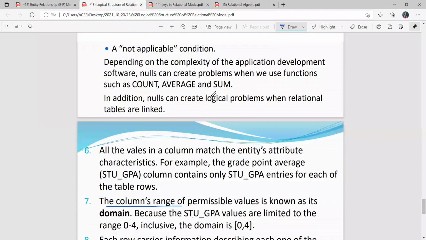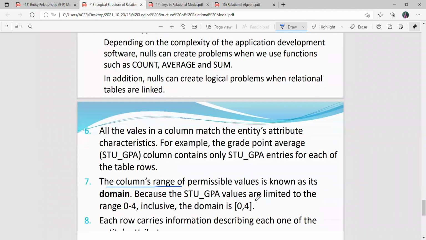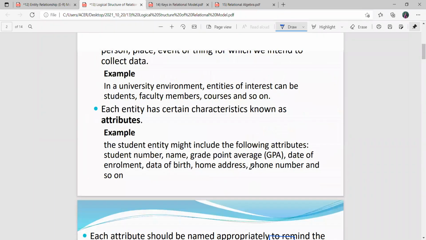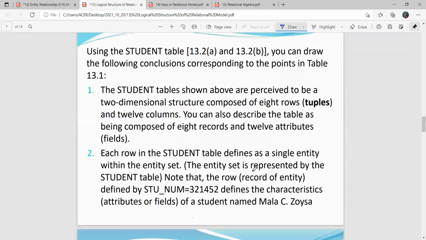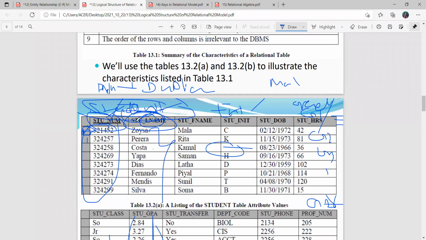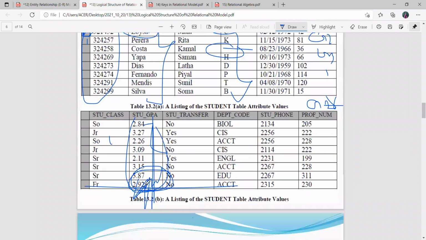Then the range of permissible values for a column is known as the domain. When we consider this column, the student last name, this is the domain of this attribute.